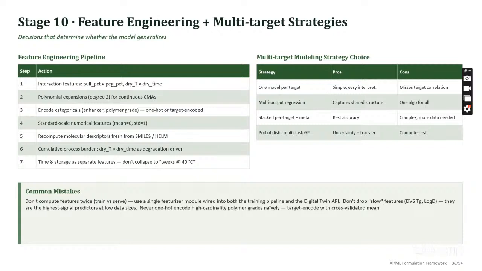Here you don't featurize differently at train versus serve. Don't drop the slow, high-signal features. So in feature engineering, these are the steps and actions. Multi-target modeling: one model per target is simple and easy, while multi-output regression captures shared structure, one algorithm for all.